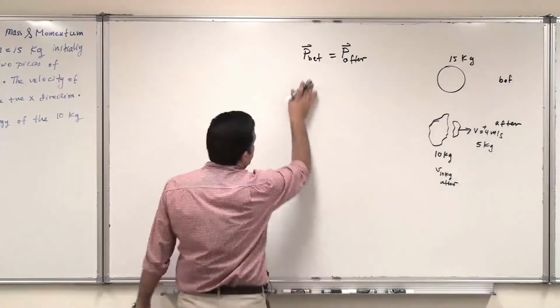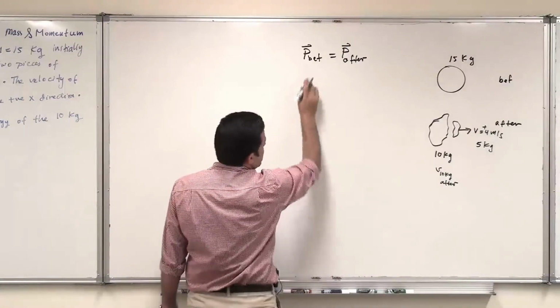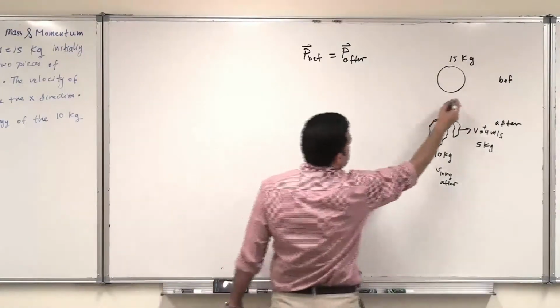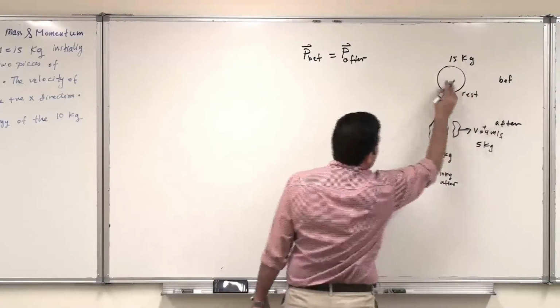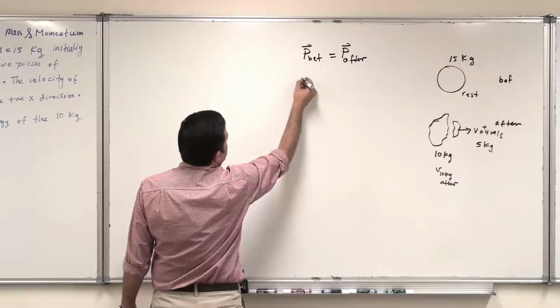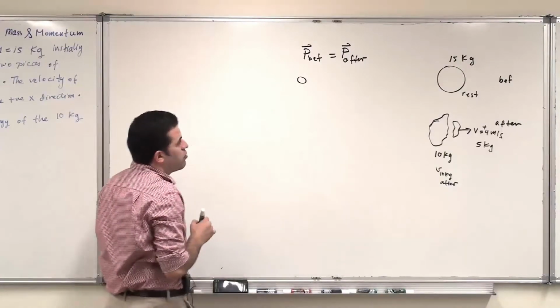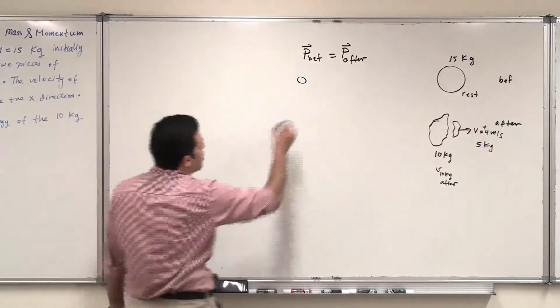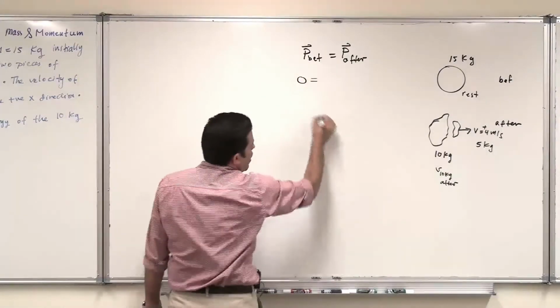According to conservation of momentum, before the explosion, the big particle, the original particle, was at rest. So this means that before, the momentum due to this particle is 0. And after, we have two pieces.